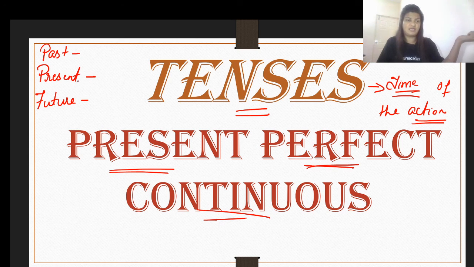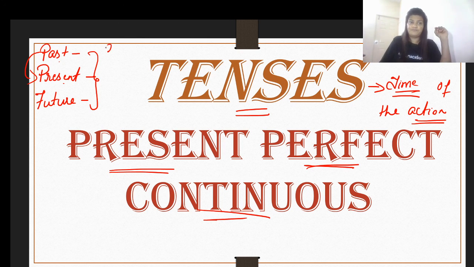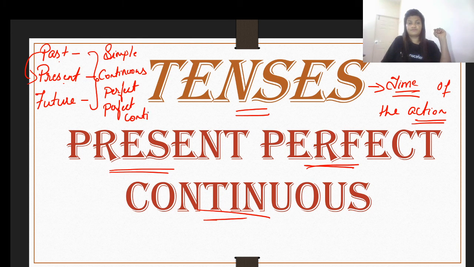So we have 3 timelines: past, present, and future. These are the 3 timelines where these actions are done. Well, these 3 timelines are further divided into simple, continuous, perfect, and perfect continuous.